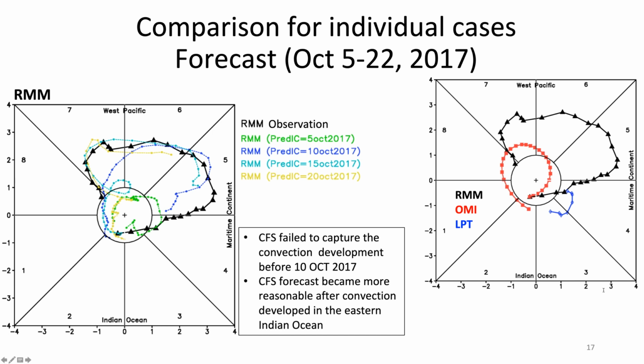This is another event, for late February to March 2019. Here, in late February and early March, we see strong MJO signal in all three indices.